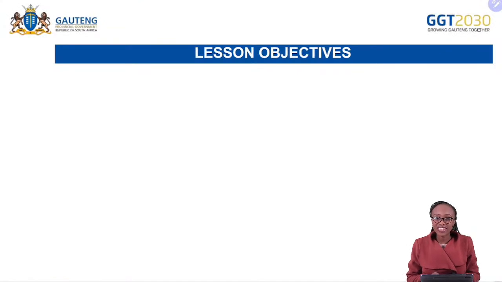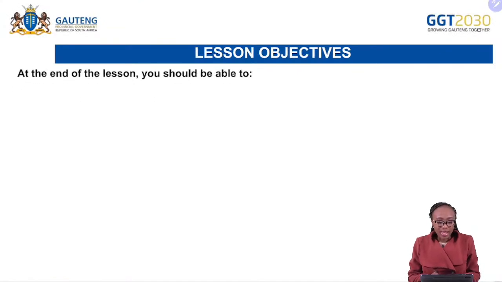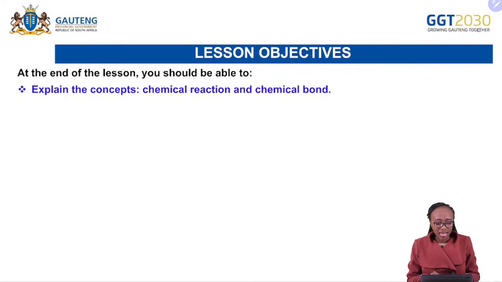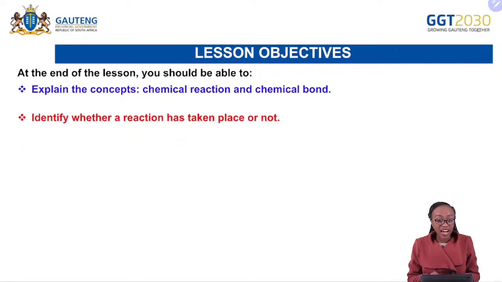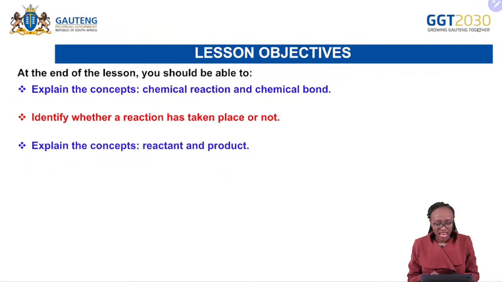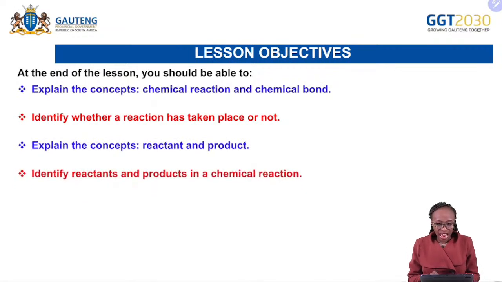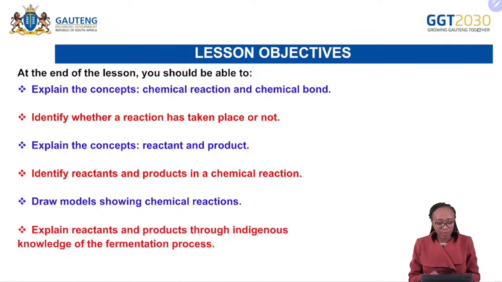So this is what we want to achieve by the end of today. At the end of the lesson, you should be able to explain the concepts chemical reaction and chemical bond, identify whether a reaction has taken place or not, explain the concepts reactant and product, identify reactants and products in a chemical reaction, draw models showing chemical reactions, and explain reactants and products through indigenous knowledge of the fermentation process.